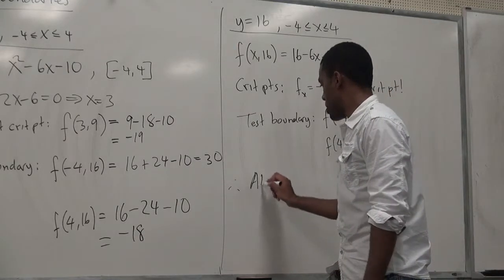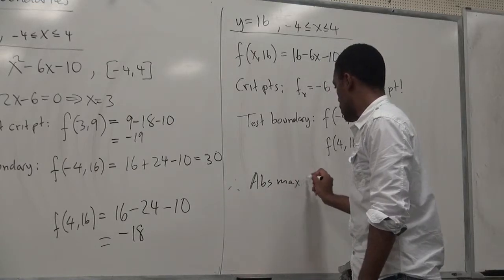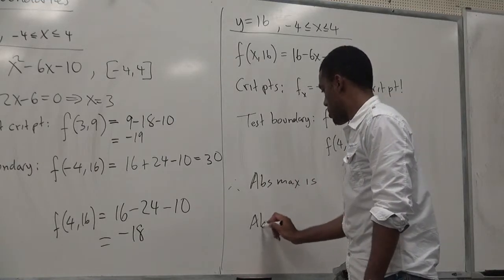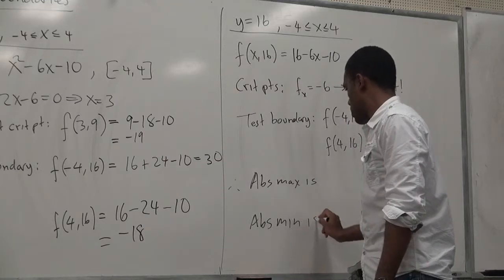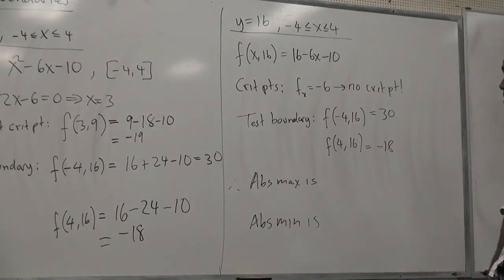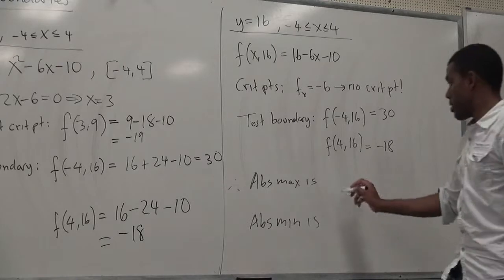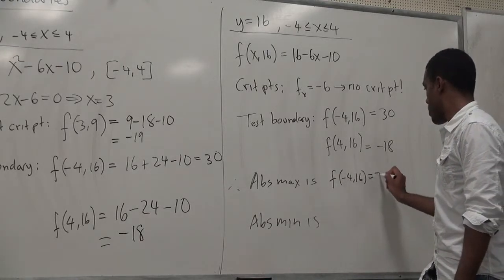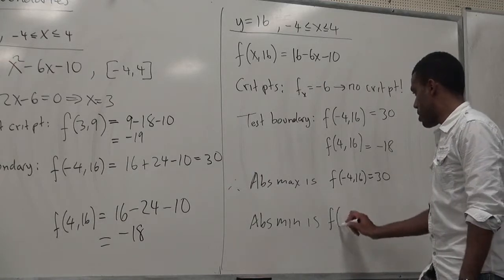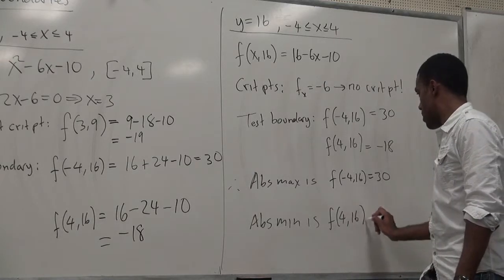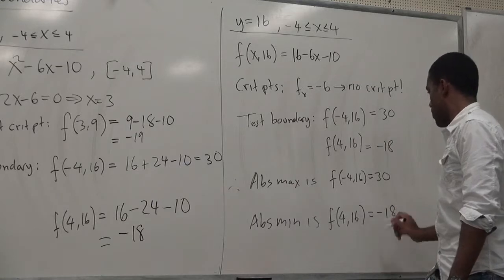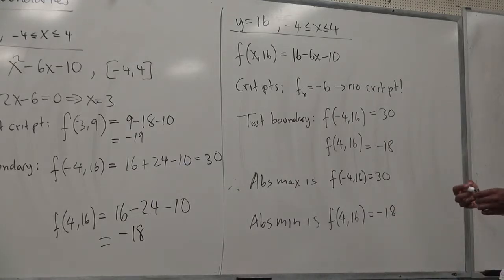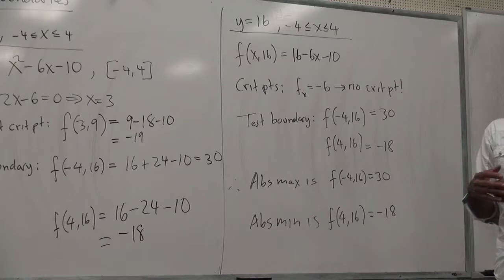Therefore, absolute max. The absolute max is the biggest value, which here is this guy. Absolute min is the other guy. Question? Actually, yeah.